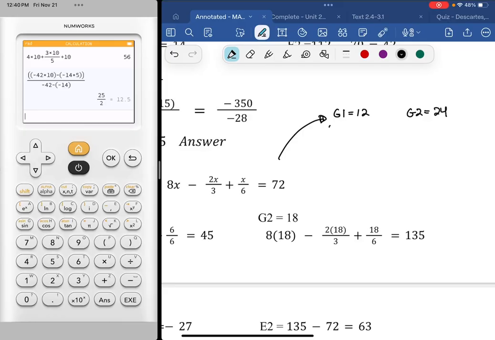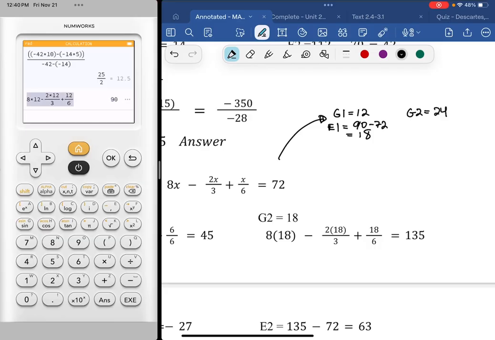So my E1 is going to be 8 times 12 minus the fraction of 2 times 12 over 3 plus the fraction 12 over 6. All right, so I get a 96 minus the 72 is going to give me E1 of 18.